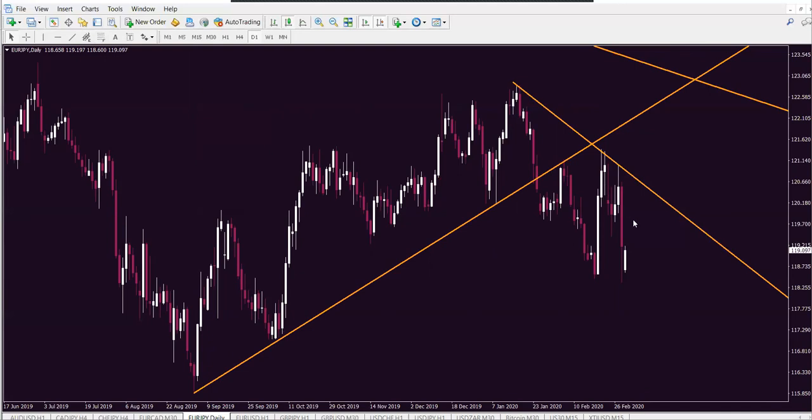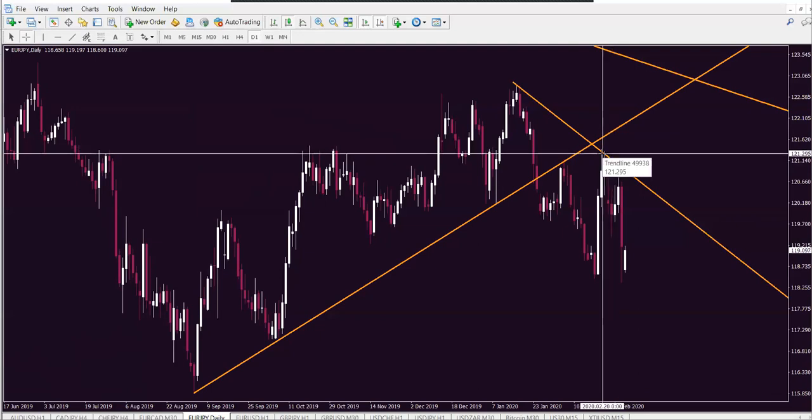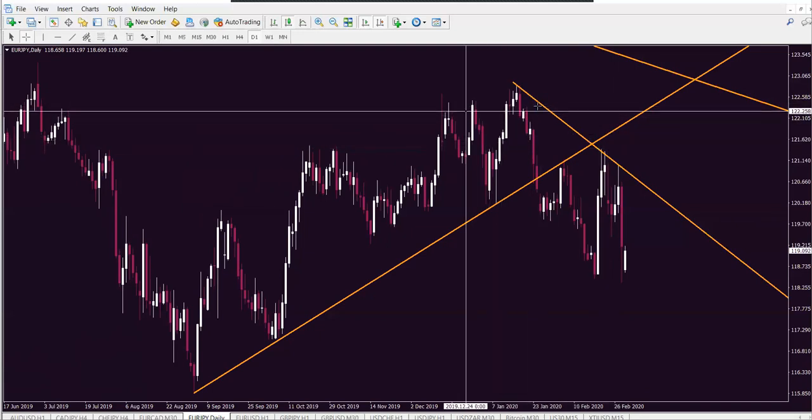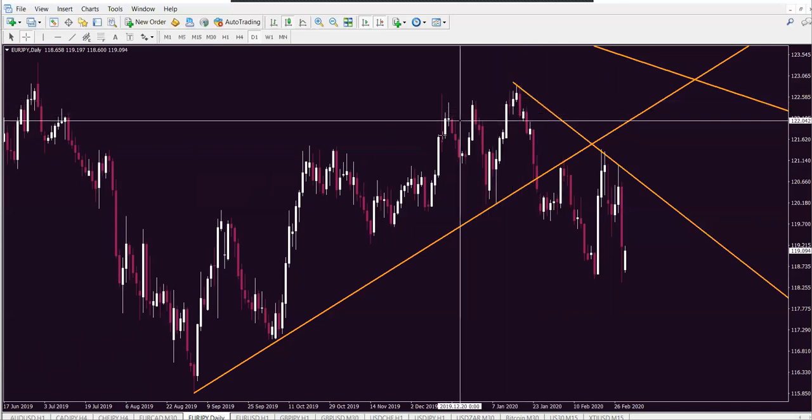All right, guys. For me, I'm not interested. I'm bearish on this pair. Even if I should get a break of this, I would remain bearish, because you guys know all the patterns, right? We can easily see this is a very strong resistance here.